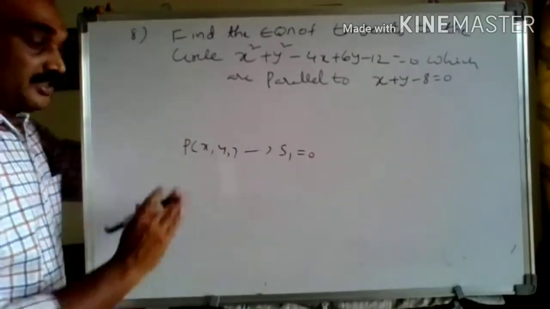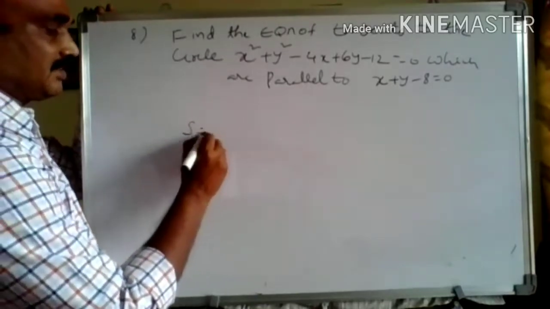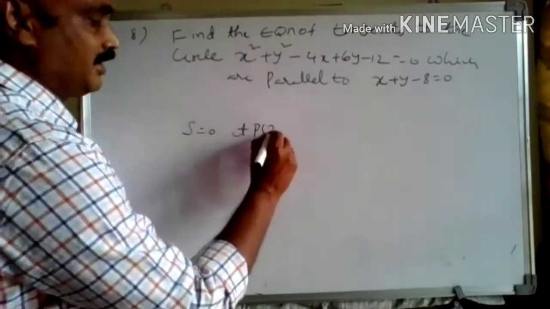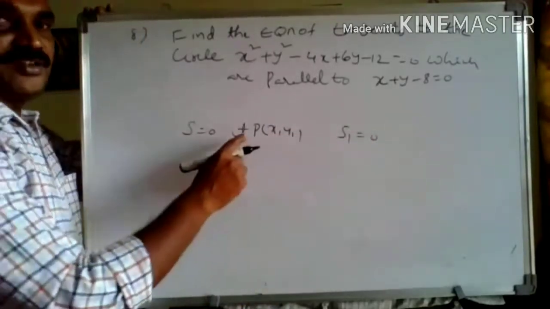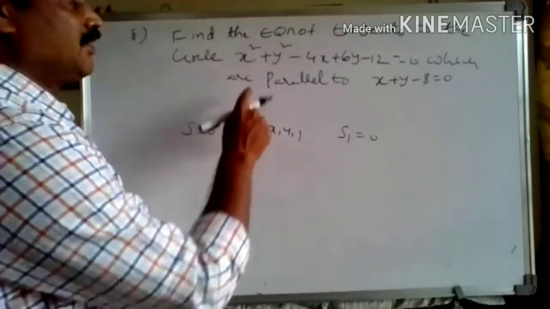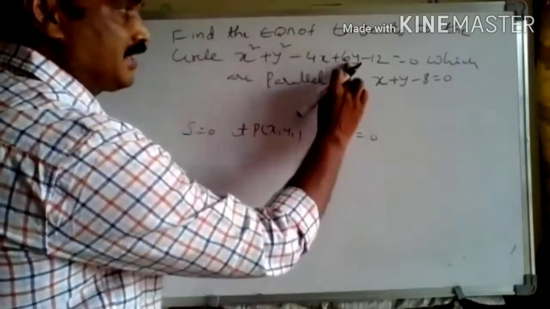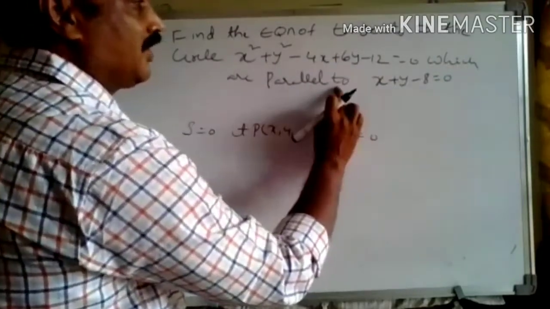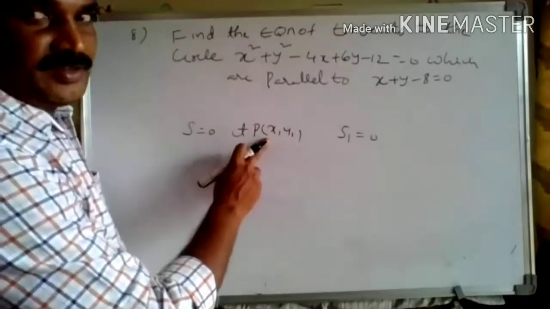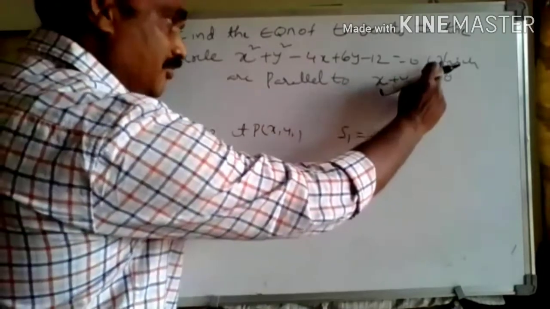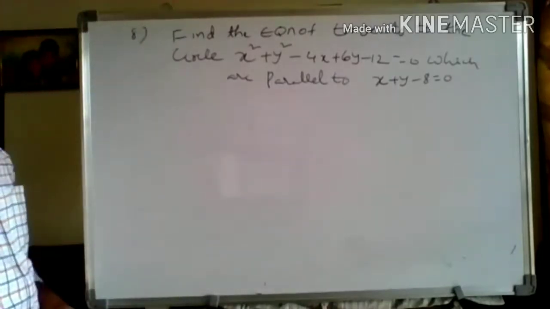Here the point is not given, but we must find the equation of tangent parallel to the line.